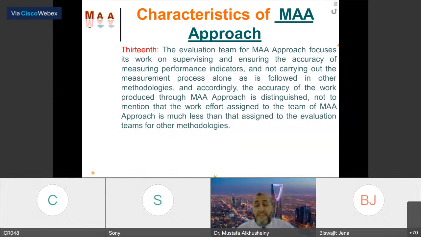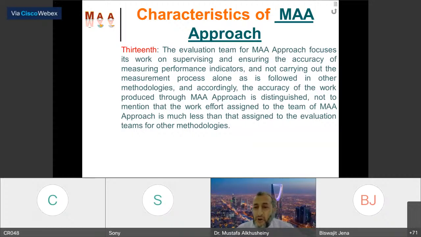But the other evaluation will be more accurate by the activity owner than by a team who is not well acquainted with the environment and with all the inputs of that activity.